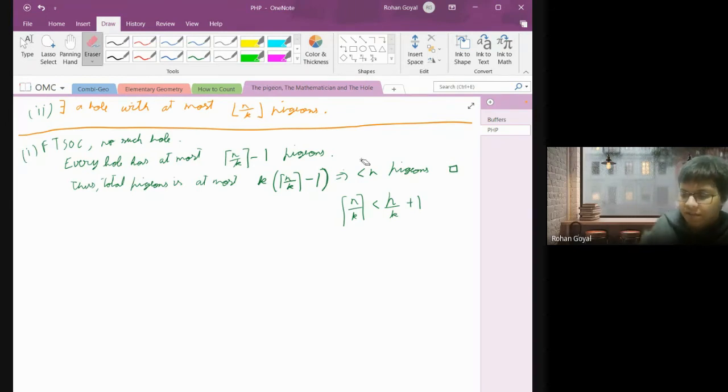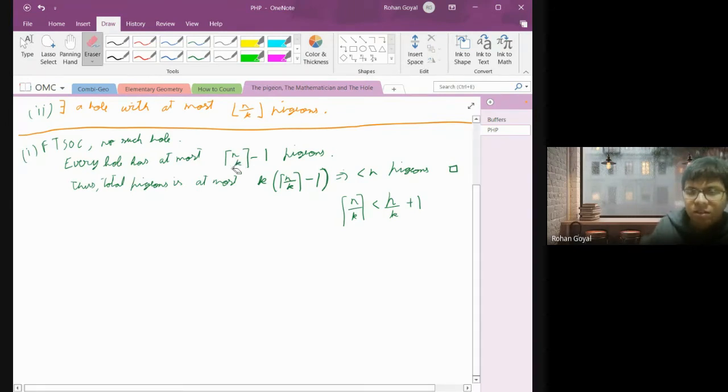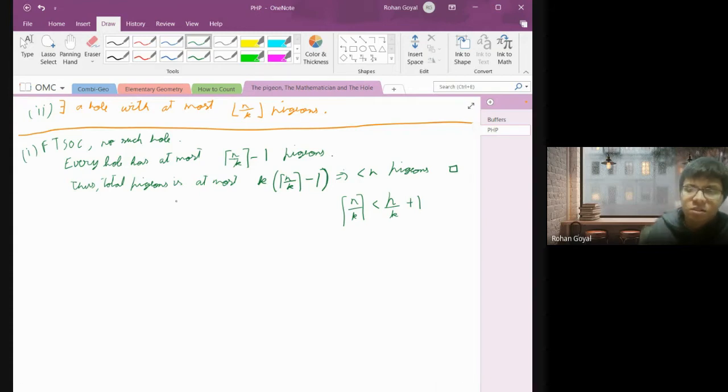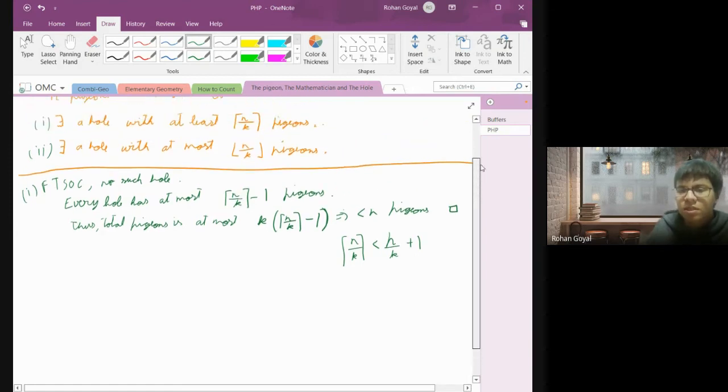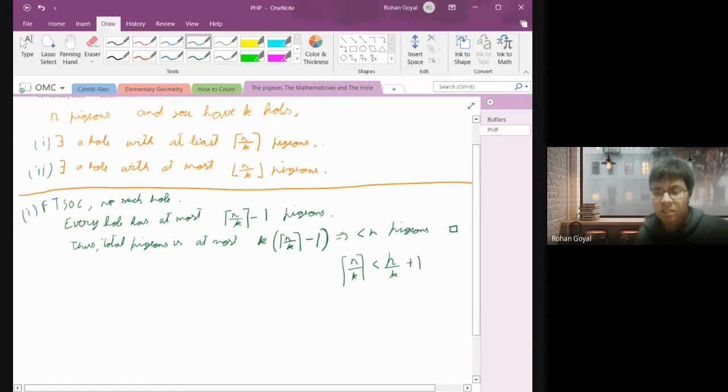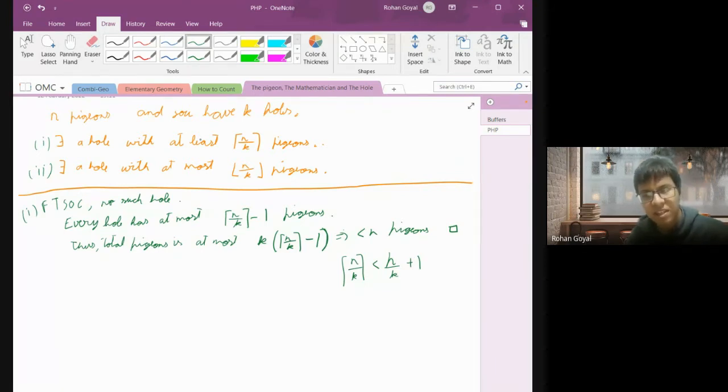So what we started by saying, do you get the actual statement of the principle? Okay, so now for the sake of contradiction, assume there's no hole with this many pigeons. So every hole has at most ceiling of n by k minus 1 pigeons, right?